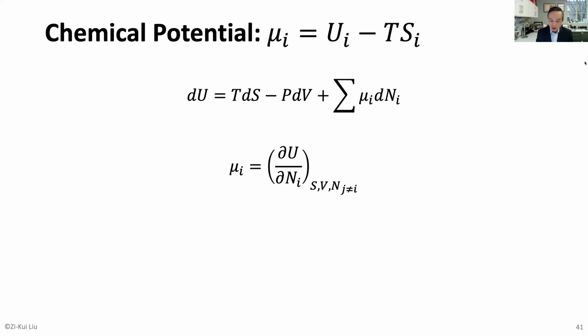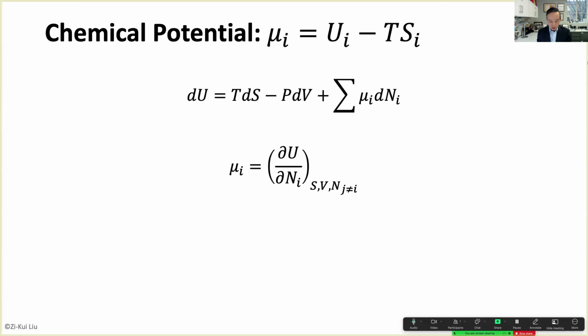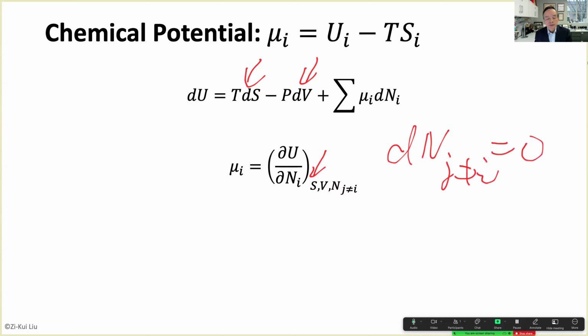Now we can define the chemical potential by this equation too. Because you fix the first, entropy is fixed, volume is fixed, and most of the other components are fixed, so I have dnj, j not equal to i, equal to 0. So that's the chemical potential.